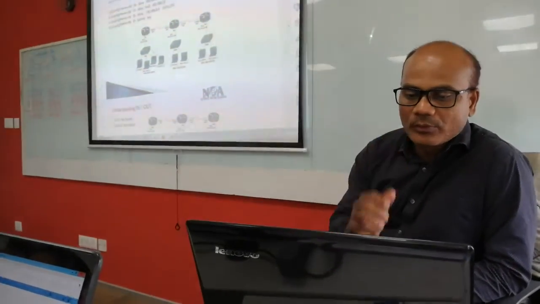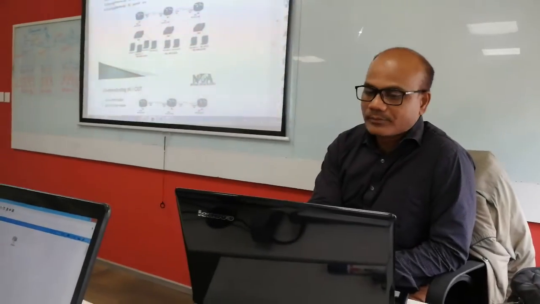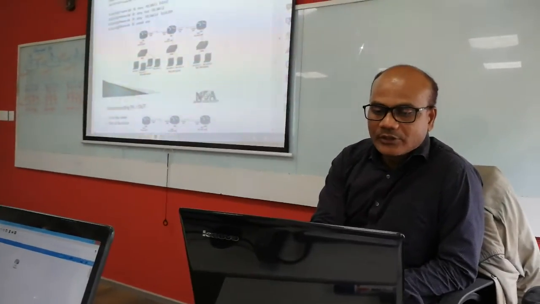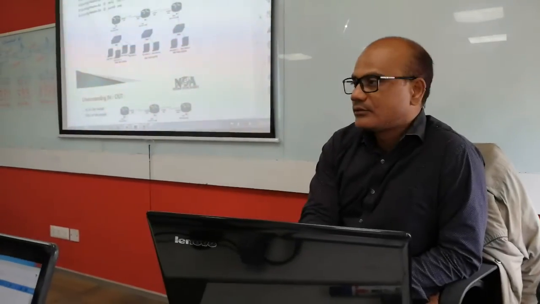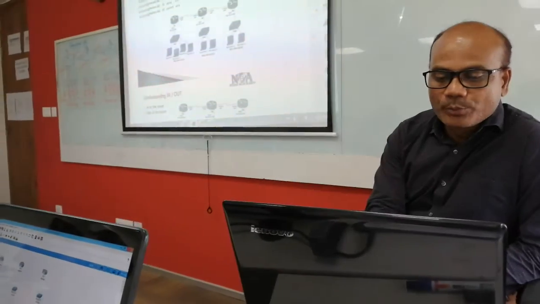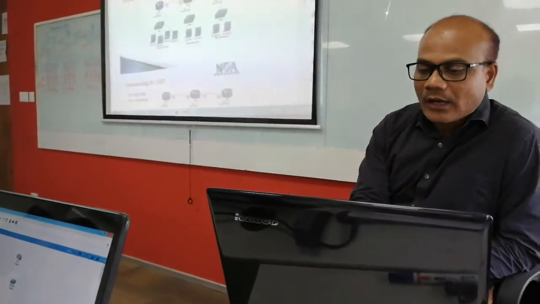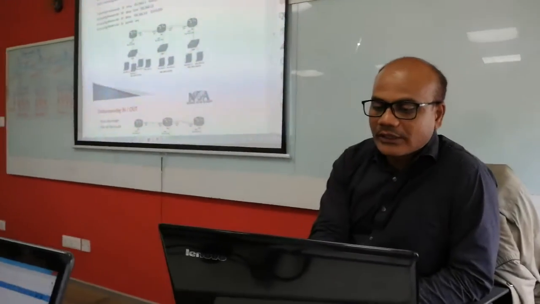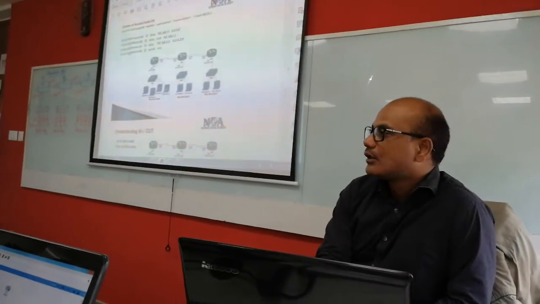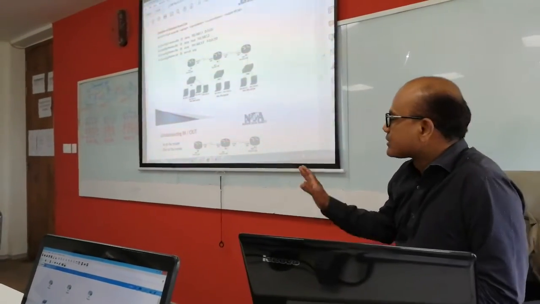So these two should be denied access to another network. The 3.0 network also should be denied. Means these two cannot access this network, and the 3.0 network cannot access these two networks. This is the objective of this lab.